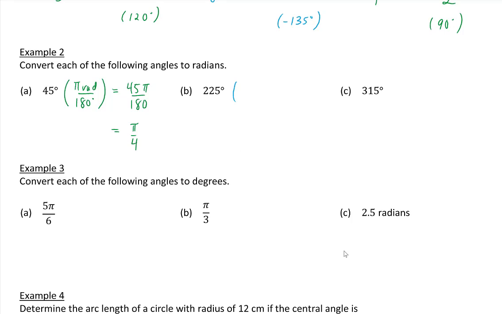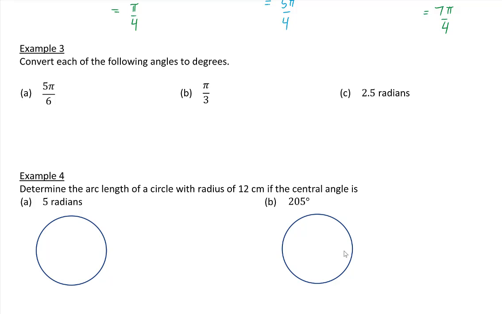We can multiply by pi over 180, and that gives us 225 pi over 180, which again we can reduce down to 5 pi over 4 radians. And the final one, we multiply by pi over 180, and we end up with 315 pi over 180, which reduces down to 7 pi over 4 radians.